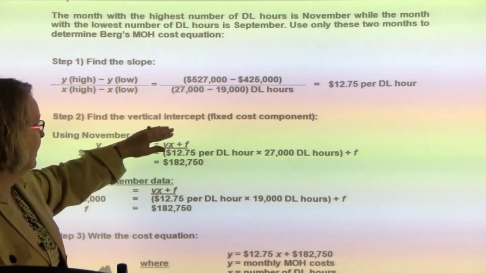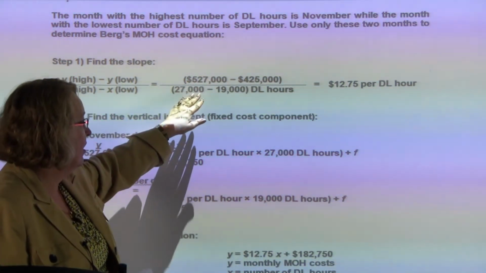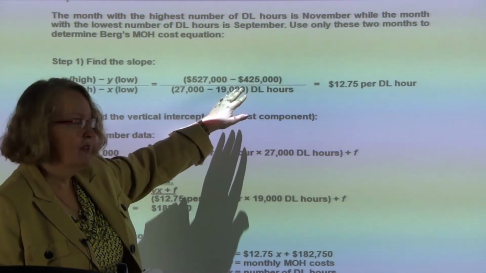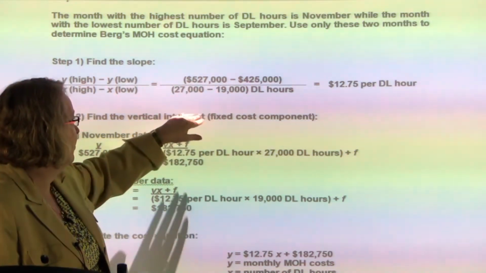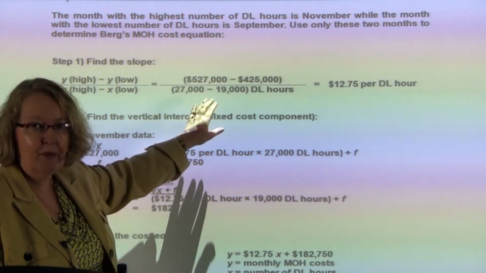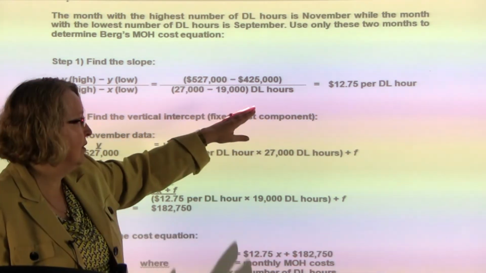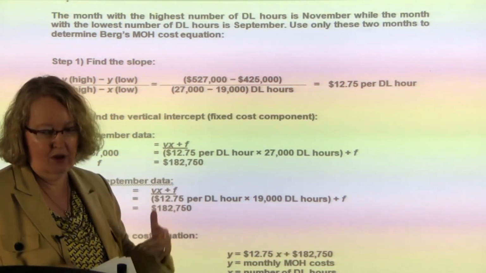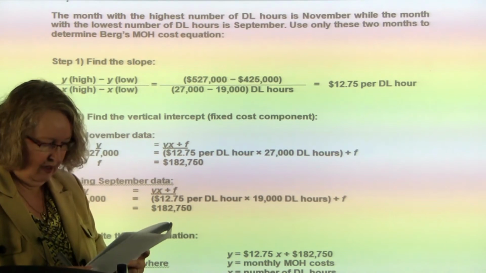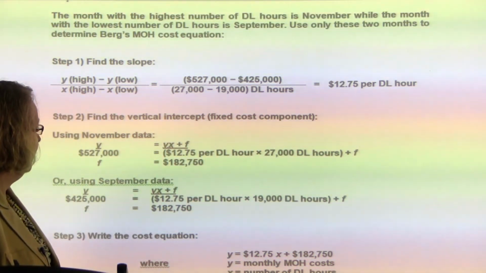You take the month that had the highest dollar value of overhead costs, subtract the lowest level, 475. Then you divide that by the month with the highest number of direct labor hours minus the month with the lowest number. That works out to be your variable cost of $12.75 per direct labor hour.